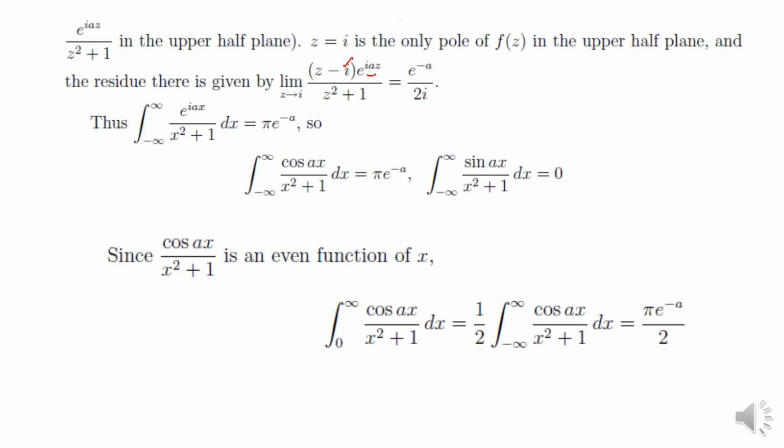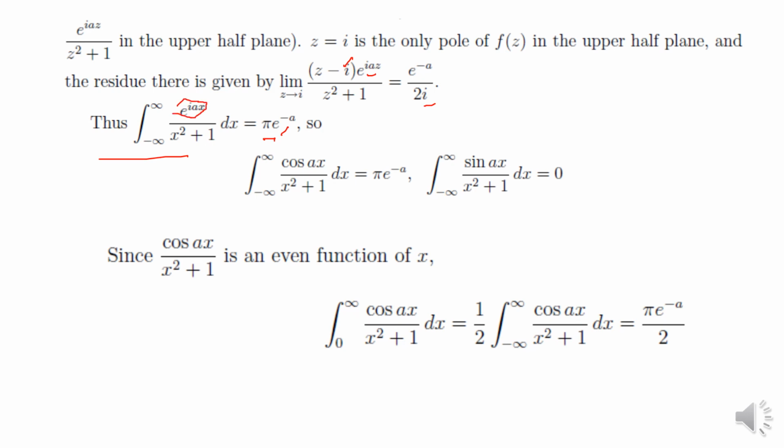So when we put z equal to i, it becomes e to the power i square a, which is e to the power minus a, and in the denominator only z plus i will give i plus i, 2i. So this integral is equal to 2 pi i into the residue, 2 pi i into e to the power minus a upon 2i, which gives pi e to the power minus a.